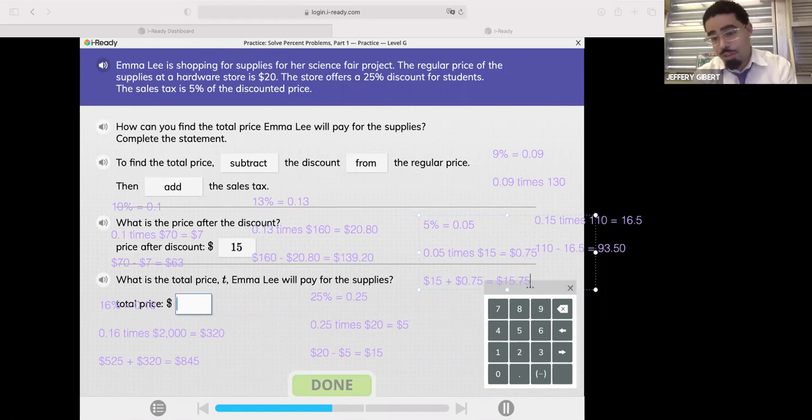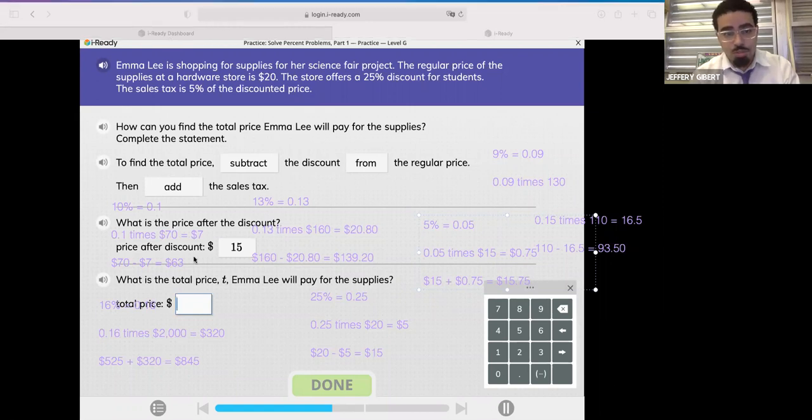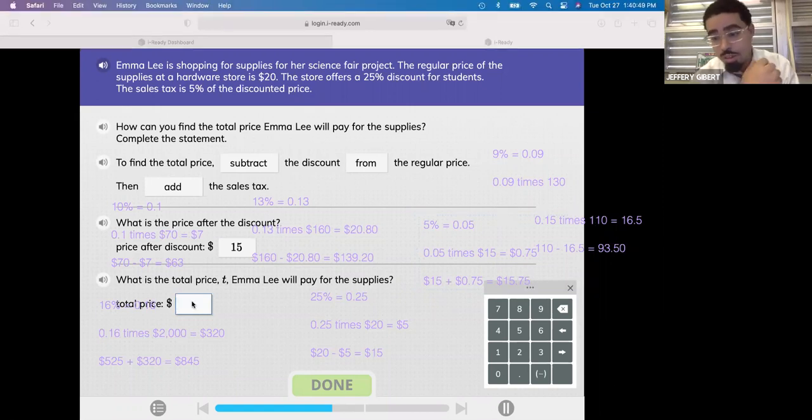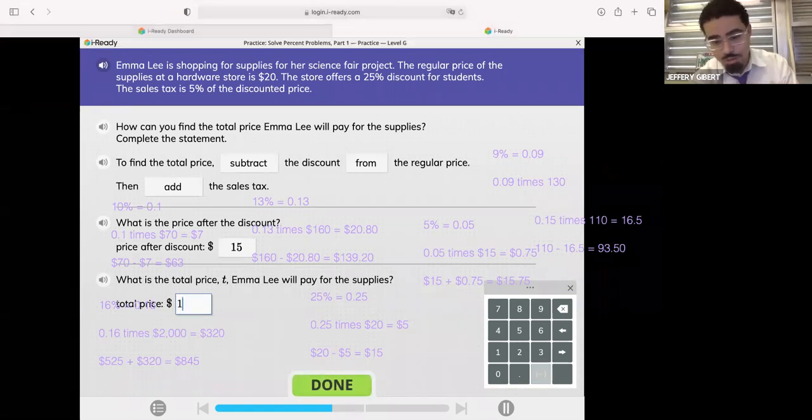But sometimes you can trust your instincts. If you have $15 and I gave you 75 cents, how much money do you have? All right, Kinsley, are you still there? Yes. All right, let's say you had $15 and I gave you 75 cents. How much money do you have, without adding it up?